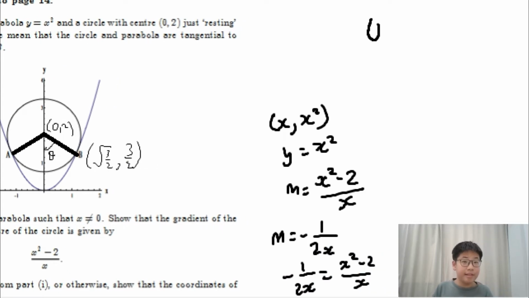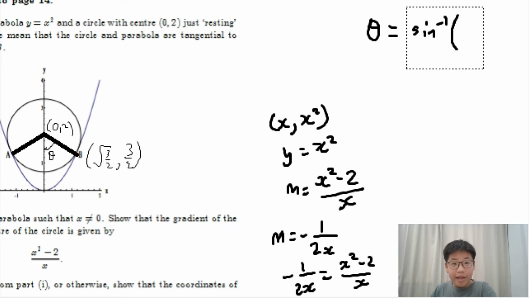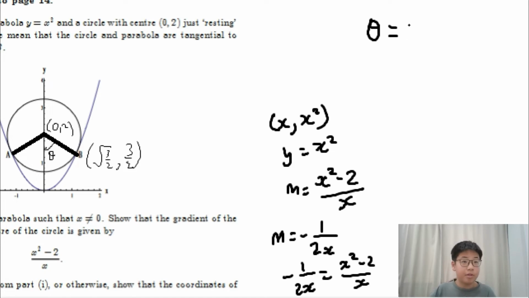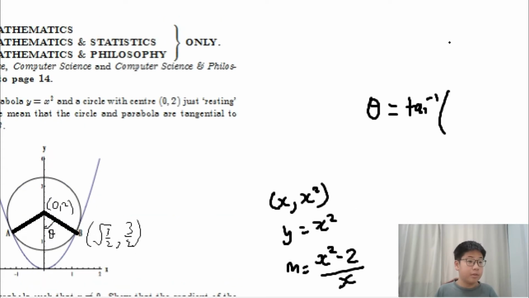Let's make this clear. Theta equals sine inverse. Actually, we won't use sine inverse because we don't know the hypotenuse and we want to make it as simple as possible. So theta equals tangent inverse. So the opposite is the square root of 3 over 2.